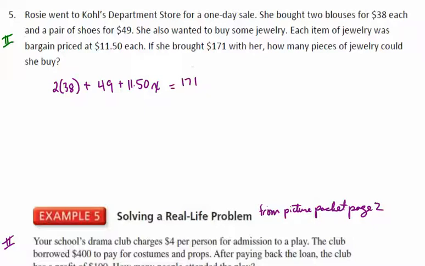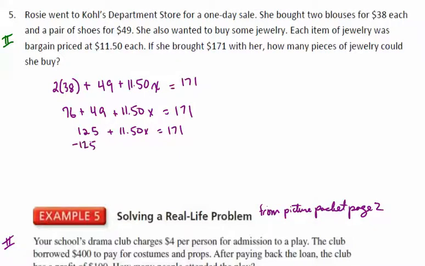So we're going to multiply out 2 times 38, that's 76, plus 49 plus 11.50x is equal to 171. We're going to combine like terms on the same side. That should give us 125 plus 11.50x is 171.